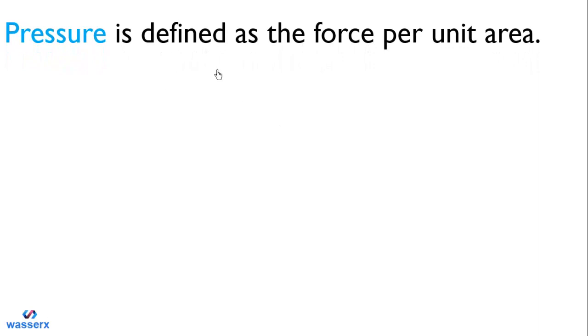Then pressure is defined as the force per unit area. Mathematically, pressure is equal to force, which is measured in Newton, over the area, which is measured in meters squared.